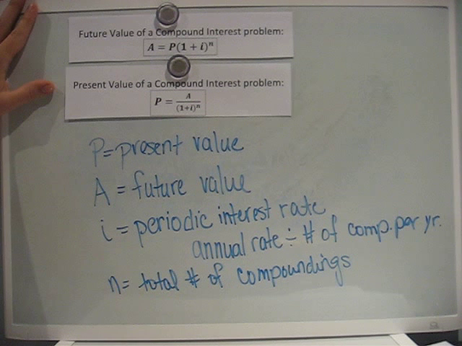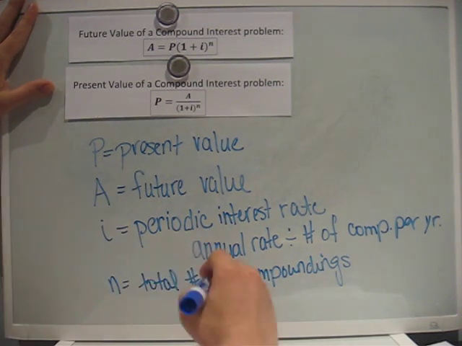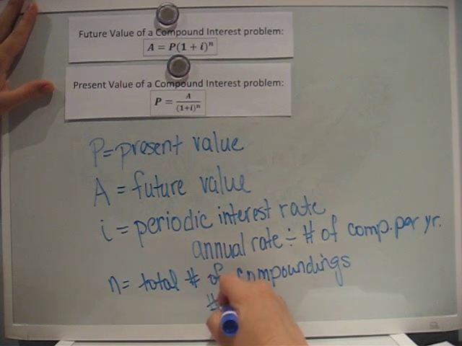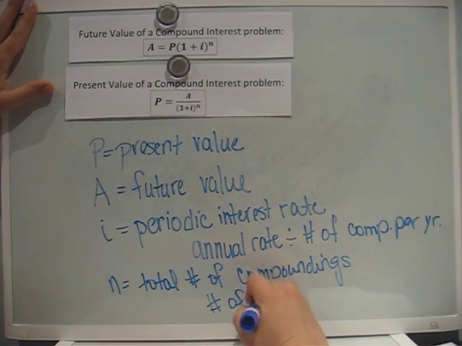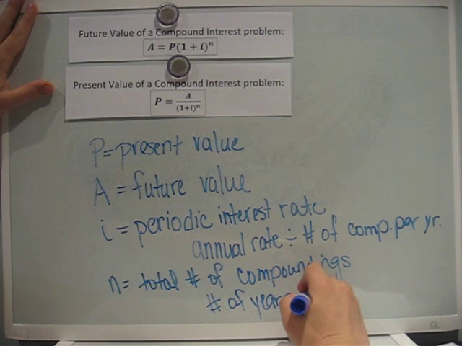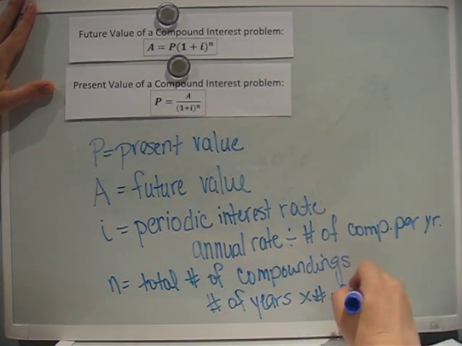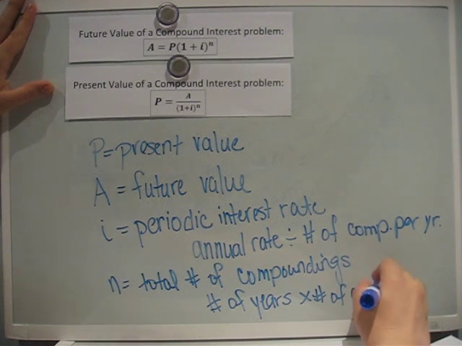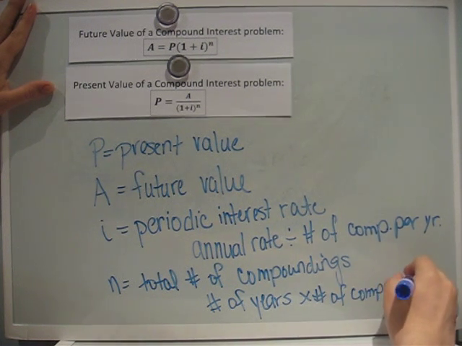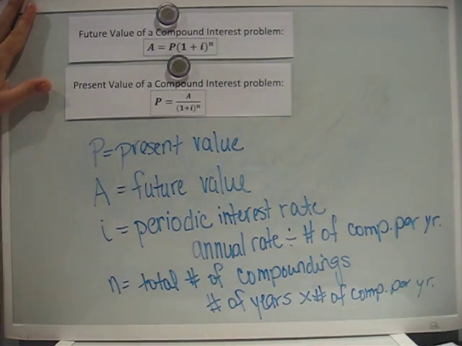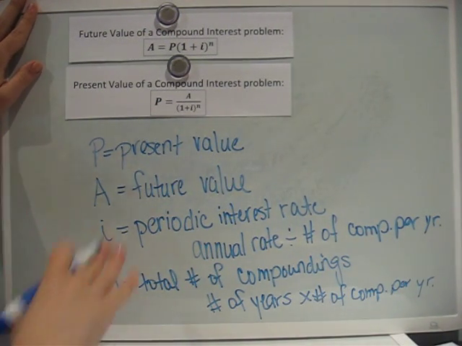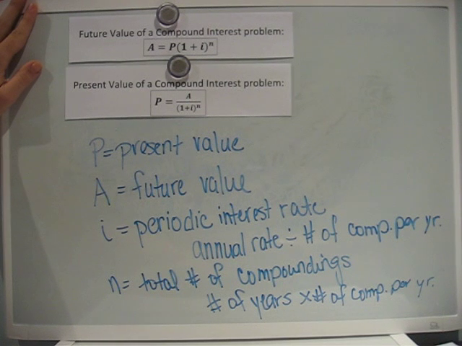If it's 5 years and quarterly compounding, you would multiply 5 times 4 to give you 20 compoundings in total. So to find your n, it'll be the number of years multiplied by the number of compoundings per year. So those are the meanings of all of the variables in the equation.